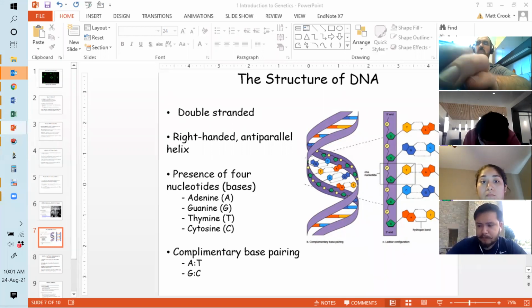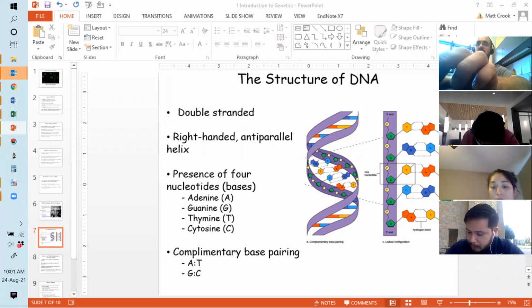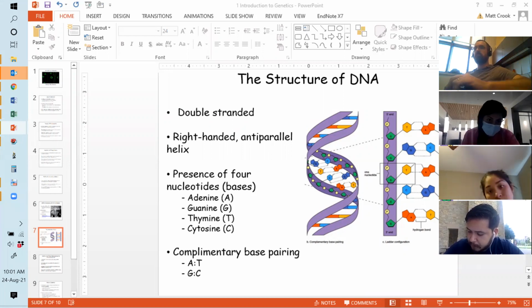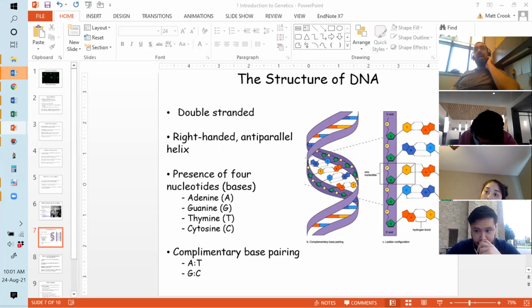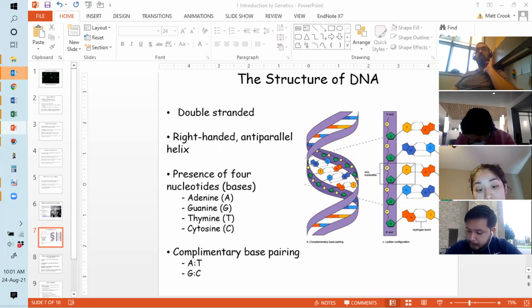So cytosine and thymine are pyrimidines. Adenine and guanine are purines. It's not a crazy important piece of information to know, but it's the size and the hydrogen bonds together that give you this complementary base pairing, right?